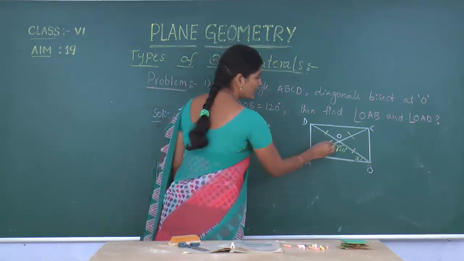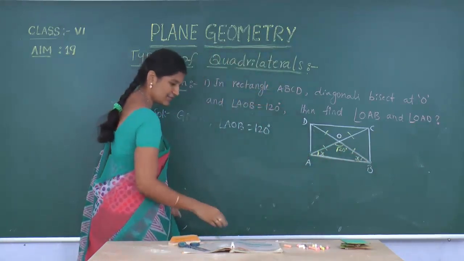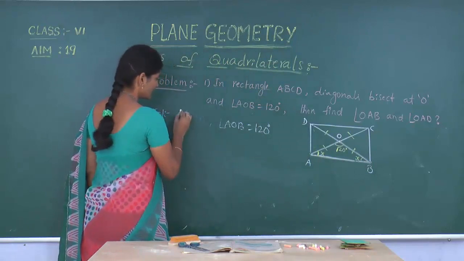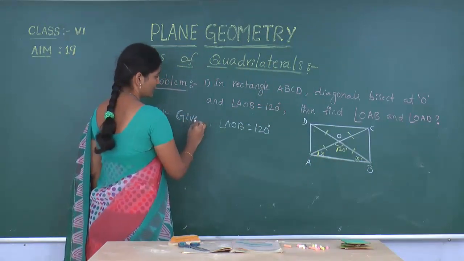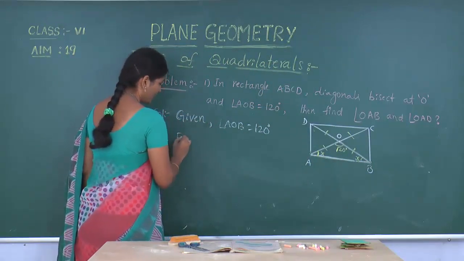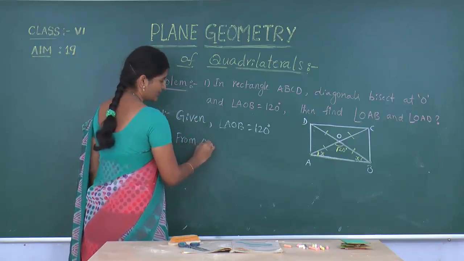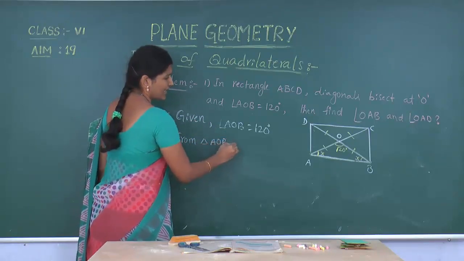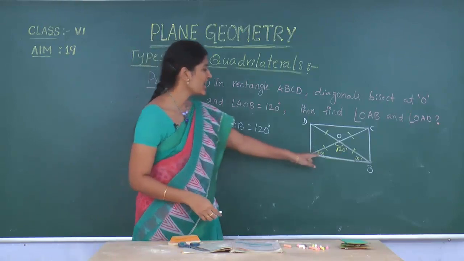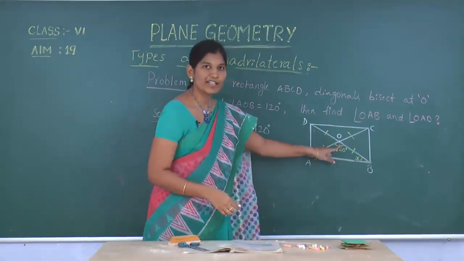So from triangle AOB I can write that the sum of these three angles gives 180 degrees.